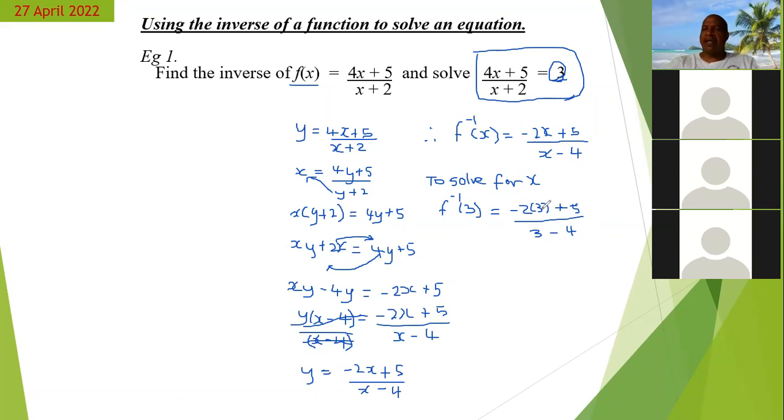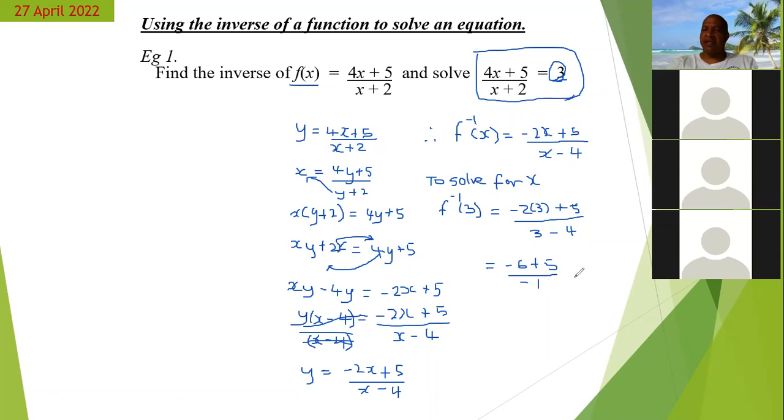And then now we do the calculation. So we multiply negative 2 times 3, we get negative 6. And so we have negative 6 plus 5 in the numerator. Now, in the denominator, we have negative 4 plus positive 3. You owe 4 and you only have 3, so you pay back the 3, so you're still owing 1.